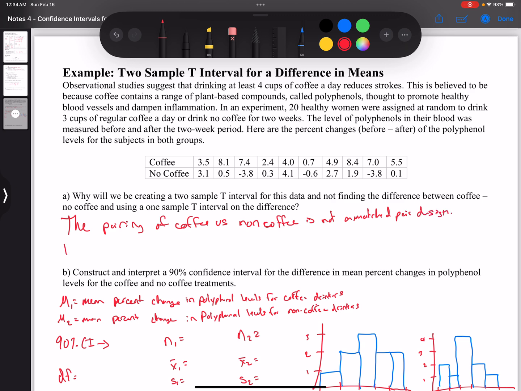Okay, so there's 10 women who got the coffee treatment, and 10 women who got the non-coffee treatment. So the data was not paired up in any meaningful way. So it's not going to be a difference between the coffee versus no coffee.